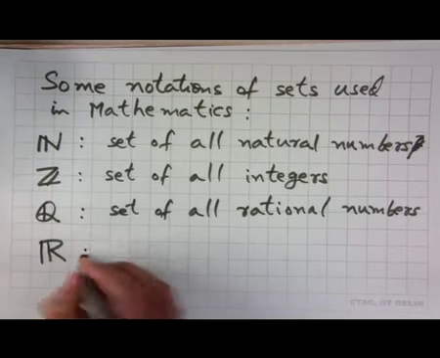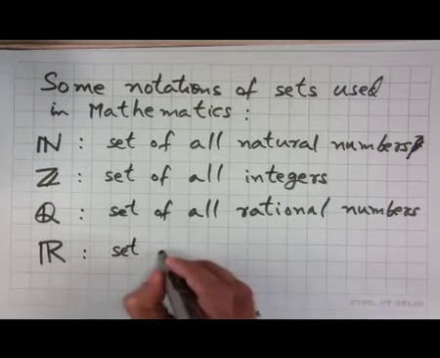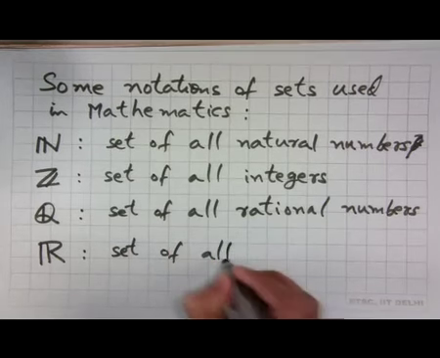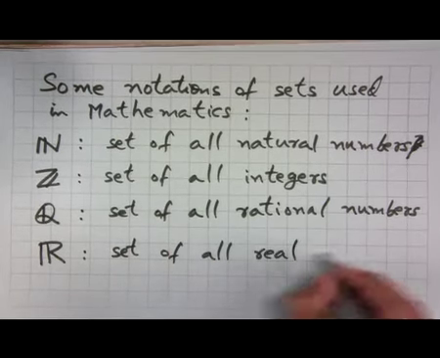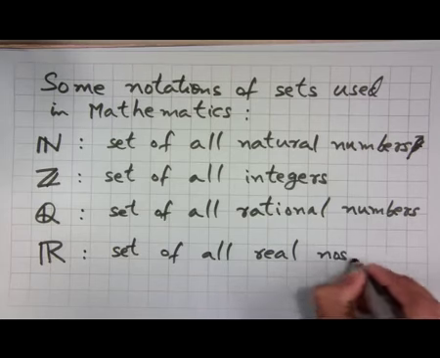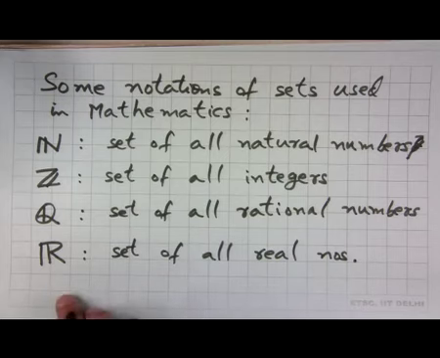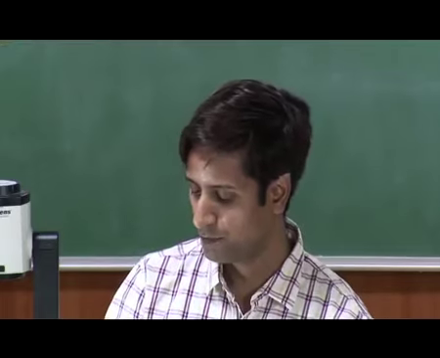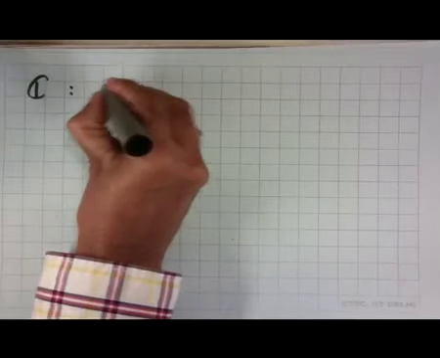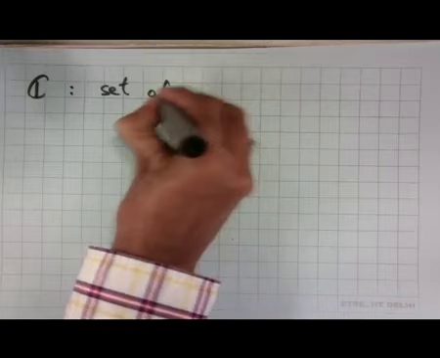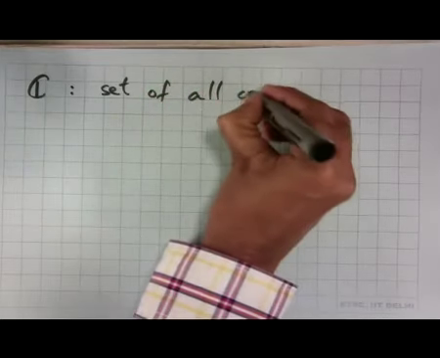Then R will be used for the set of all real numbers. So, the set of all natural numbers, integers, rational numbers, real numbers. Capital C will denote the set of all complex numbers.